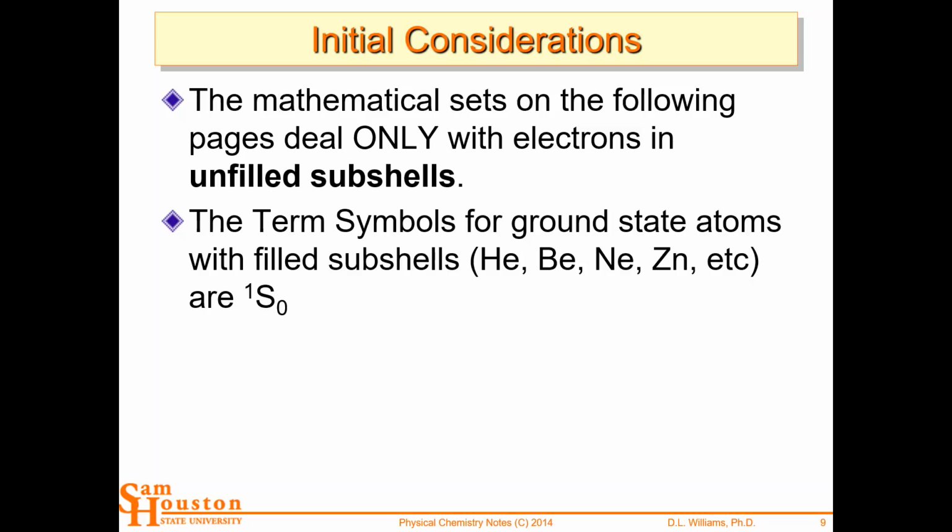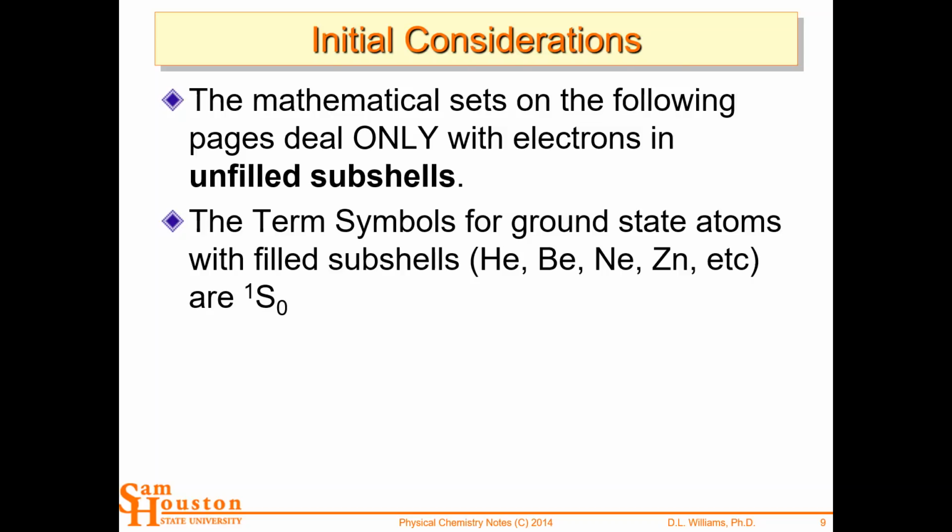And then the term symbols for the ground state atoms with filled subshells are all singlet S0. So if you had calcium, magnesium, beryllium, that whole column, that's a filled subshell, and so the ground state term symbol is going to be singlet S0. Even zinc, a d10 system, is singlet S0. Everything's all paired up. It's a singlet.